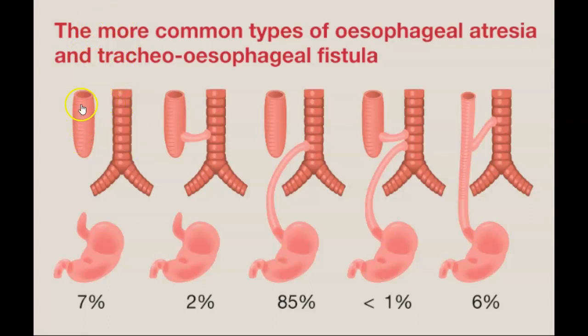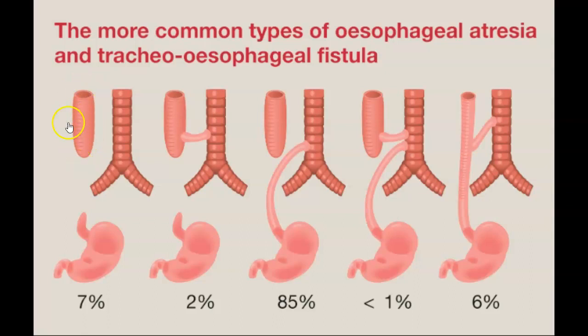Okay, so to treat a patient that has a disconnected esophagus, where the esophagus ends in a little pouch and doesn't connect to anything, which is in example 1 and example 3 here, the most common type, what ends up happening with these babies, actually any of these patients, is you're going to want to put an NG in and put it to suction.